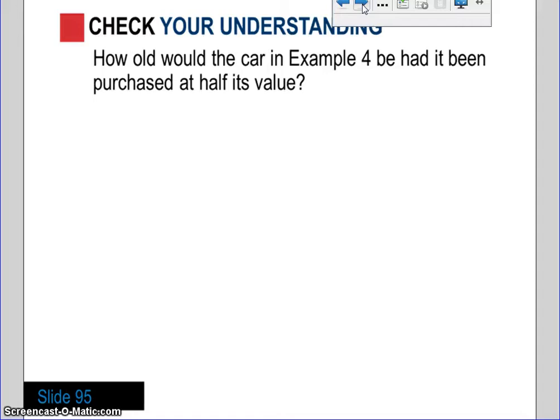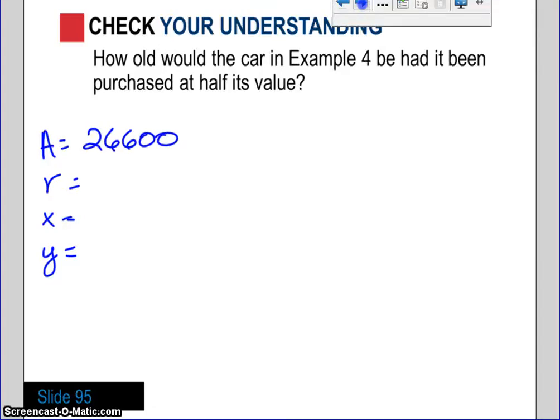Okay, let's see how you did. First, let's identify our variables, what we know and what we're solving for. How old would the car in example 4 have been if it had been purchased at half of its value? If we look back at example 4, the original car sold for $26,600.